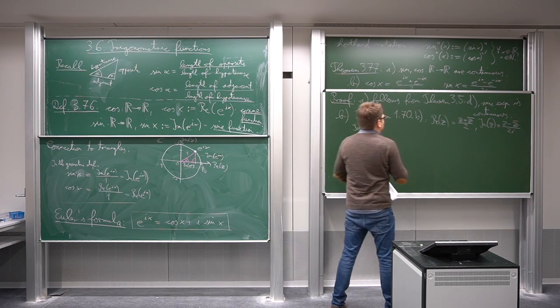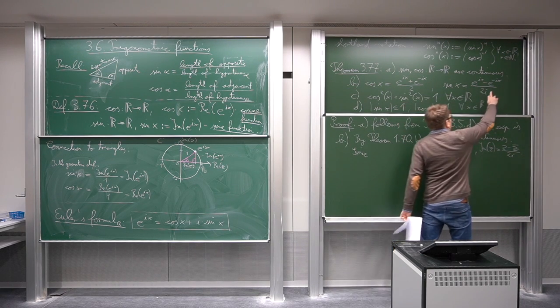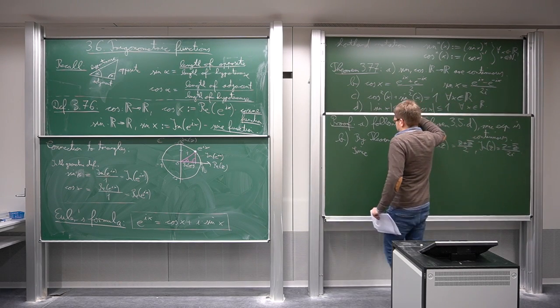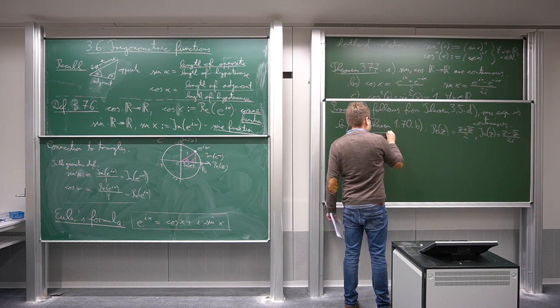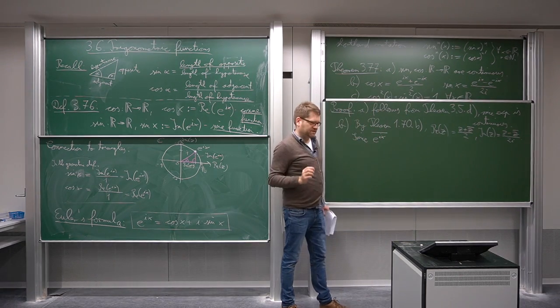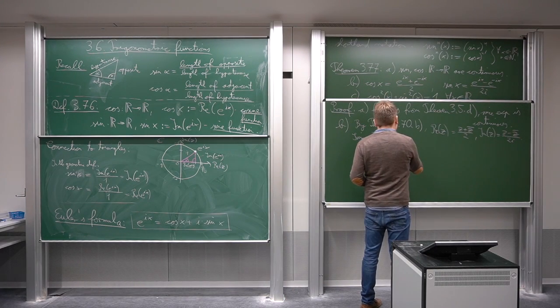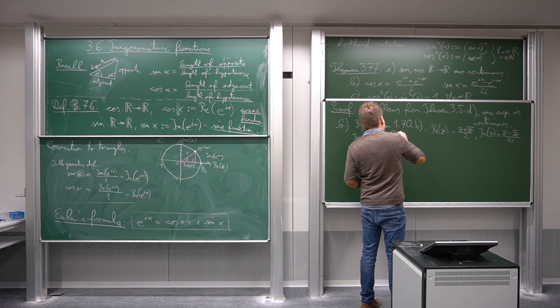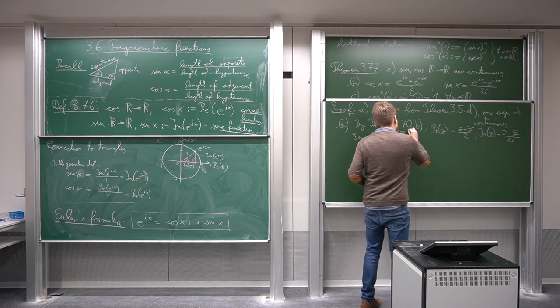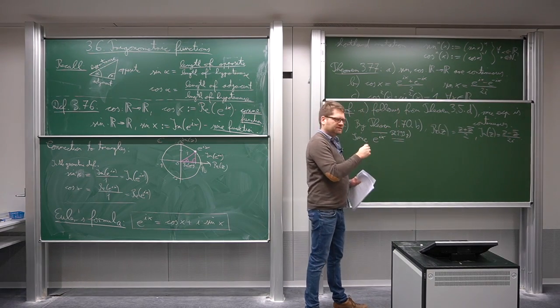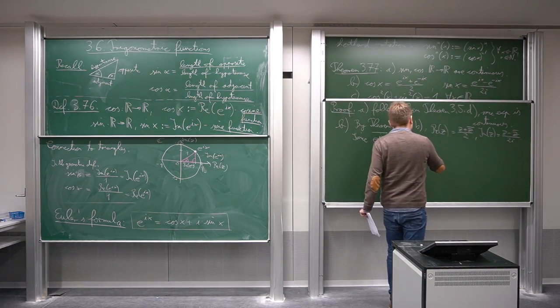Now, here we don't have any conjugation, but we have minus there. But this is something which is easy to see, namely e to the ix conjugate. There we've seen how the exponential function behaves. This was theorem 299 G, so that the conjugate of an exponential function is the exponential function of the conjugate.